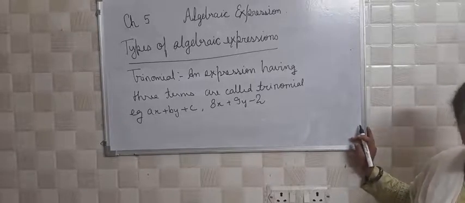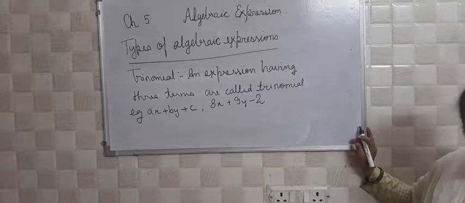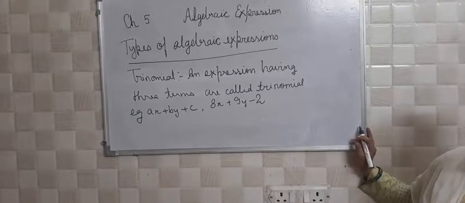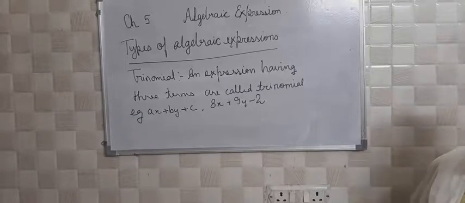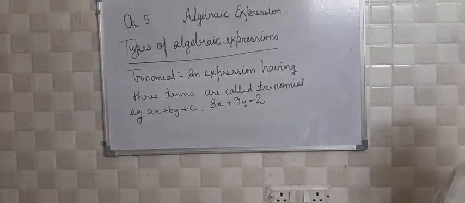Trinomial means an expression having 3 terms. Okay. Now next comes polynomials.